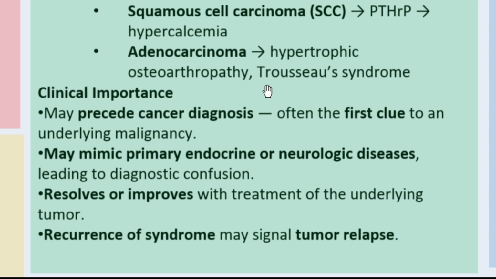And it should be noted that when you give a low dose, whether the ACTH is coming from the pituitary or an ectopic source, there will be no difference, there will be no suppression. So only a high dose of dexamethasone can help us to differentiate the two.